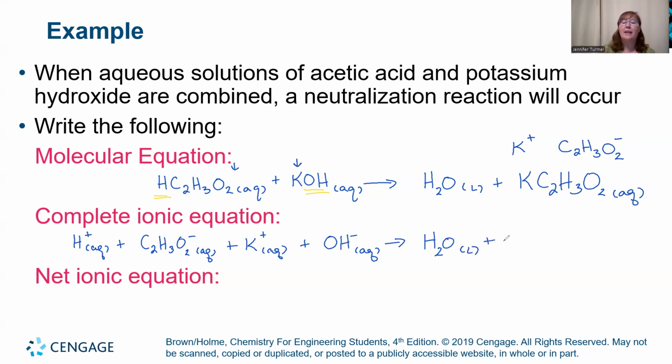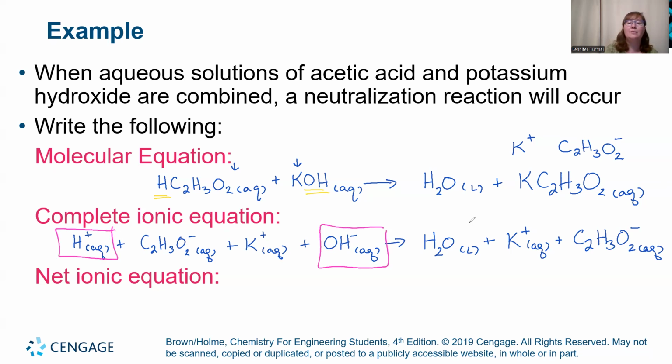And then this is aqueous as well, so it gets broken up again. And so all I've done, just as a review in my complete ionic equation, is I've broken up everything that is aqueous. And I can see I have H plus and OH minus forming H2O. And the potassium and acetate ions are spectator ions.